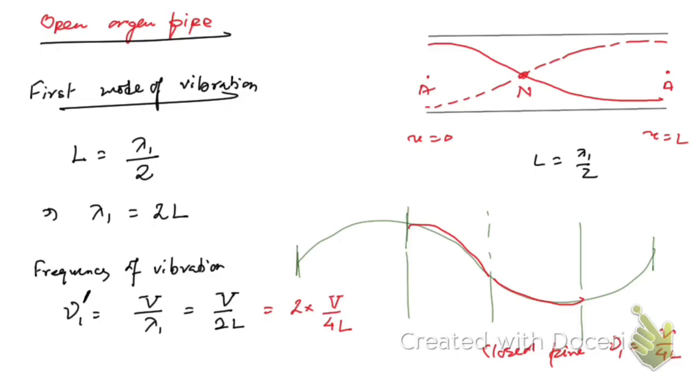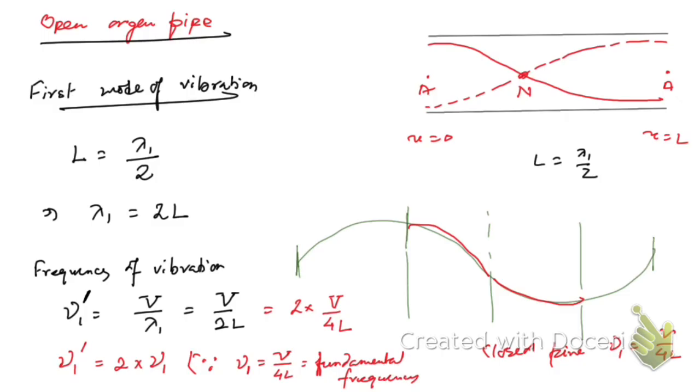So from here it is clear that the fundamental frequency of vibration in case of an open pipe is 2 times the fundamental frequency of the standing wave in a closed organ pipe, since nu 1 equals v by 4L is the fundamental frequency in case of a closed pipe. Hope you have understood this.